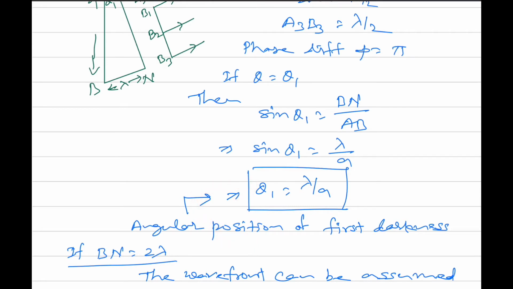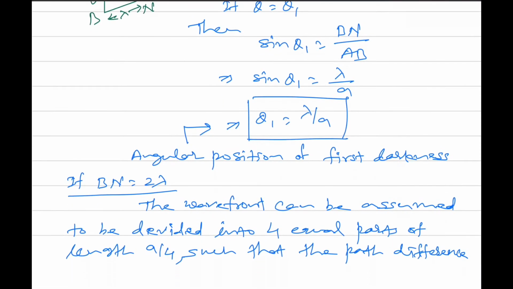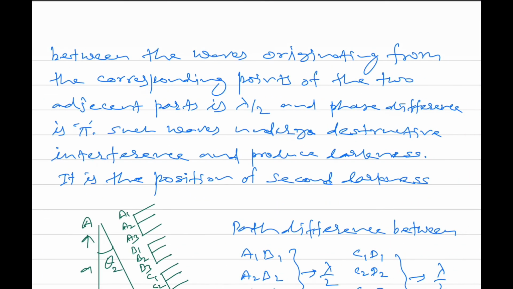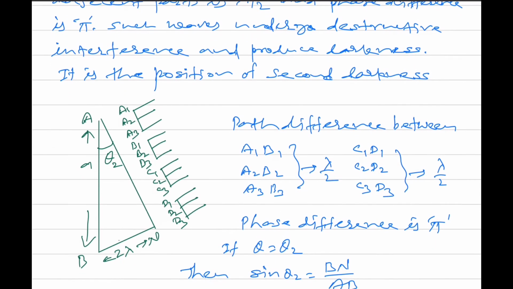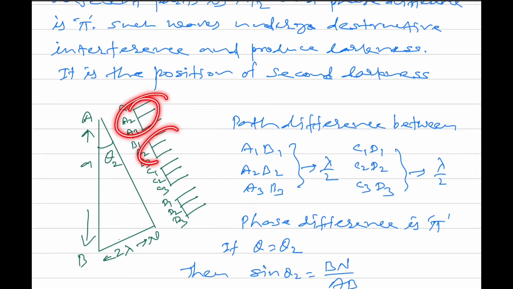In the same sequence, if Bn is equal to 2 lambda, then we will divide the wavefront into how many parts? 4 parts, each of length A by 4, such that the path difference between waves originating from the corresponding points of the two adjacent parts is lambda by 2. Just see here the division. We have 4 parts, so 1, 2, 3 and 4. We have to make them in pairs.